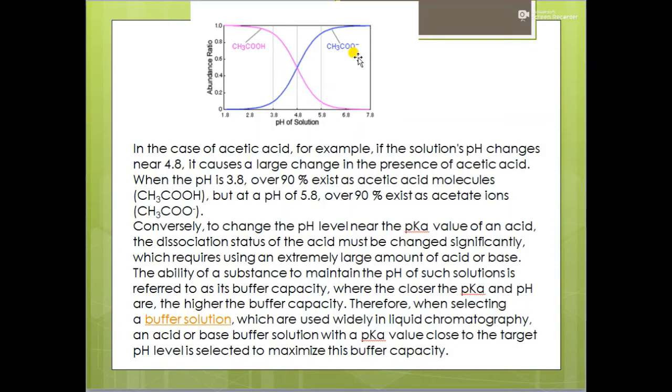So with a change in the pH level, at 4.8, around the midpoint, there will be an equilibrium between these two.